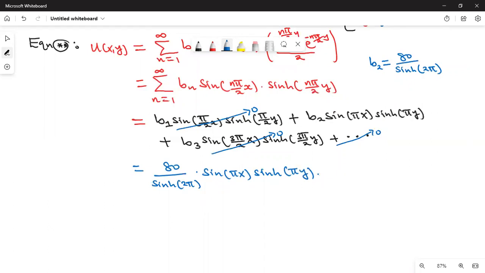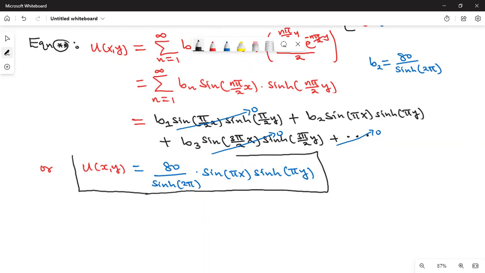And on the left hand side, we have u of x, y. So this one is our solution, our particular solution of the given PDE. See, it is a function of x and y.